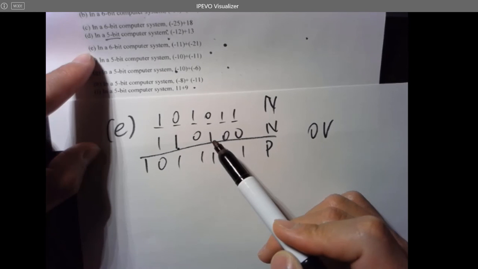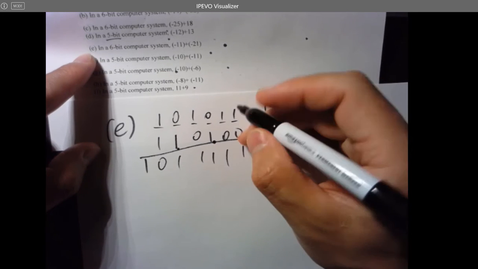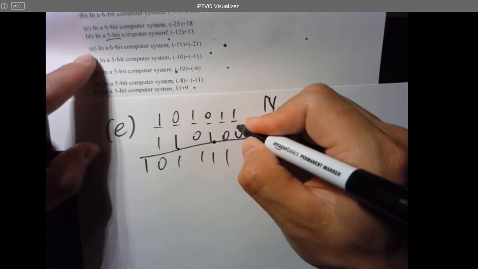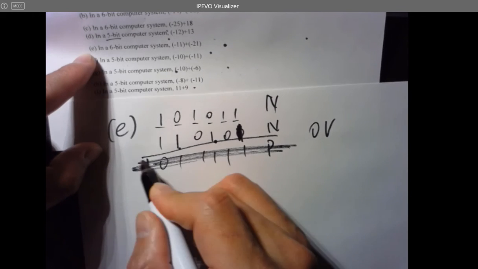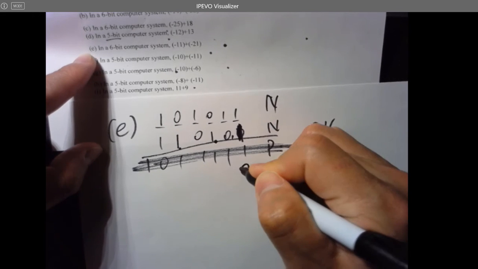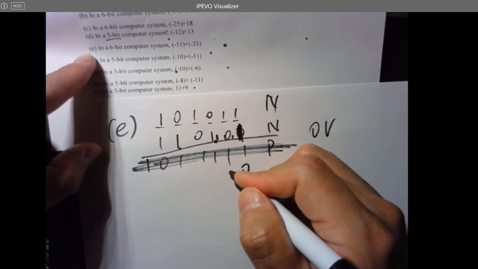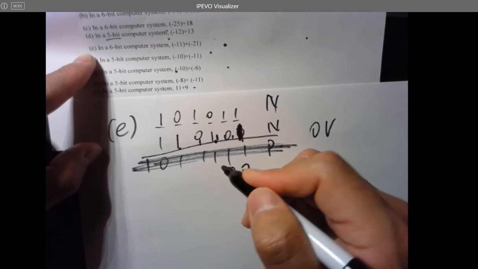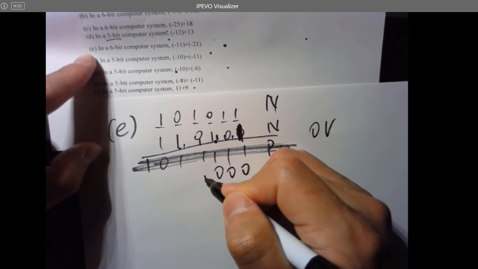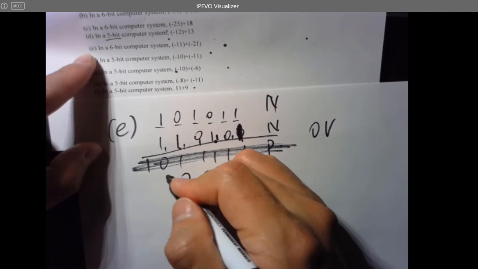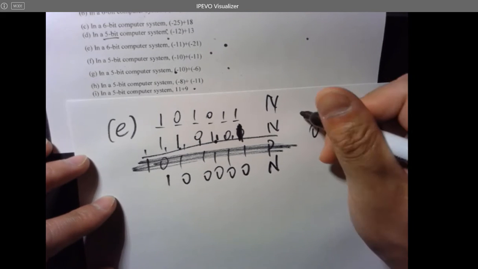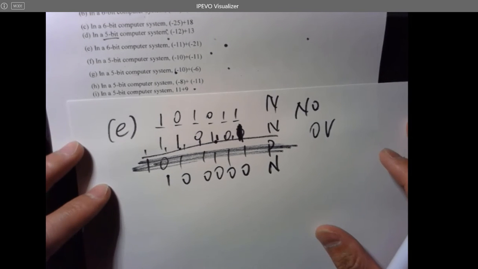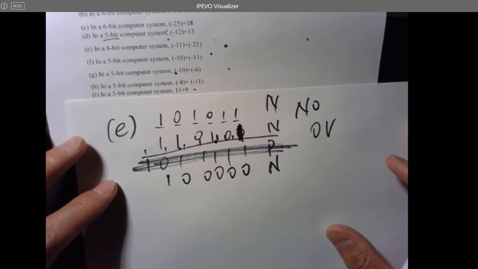Oh, wait, minus 16 plus 5, right? Sorry, this is not right. 0, 0, 0, 0, 0, boom. N. No overflow. Okay.